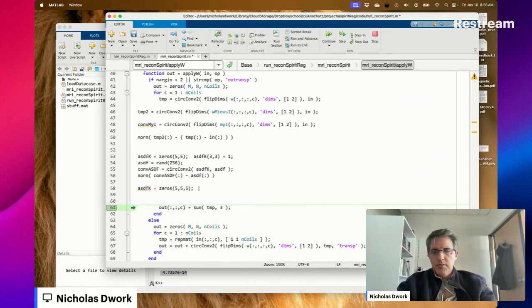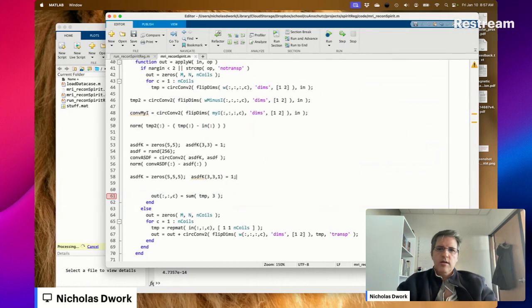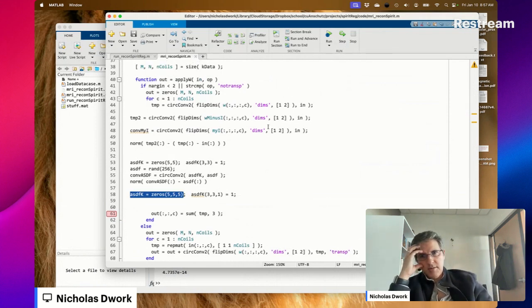Here's what I'm thinking. We're doing a two-dimensional convolution, but the kernel is that. What does that even mean, to do a two-dimensional convolution like that? Oh, I'm doing them independently across slices.